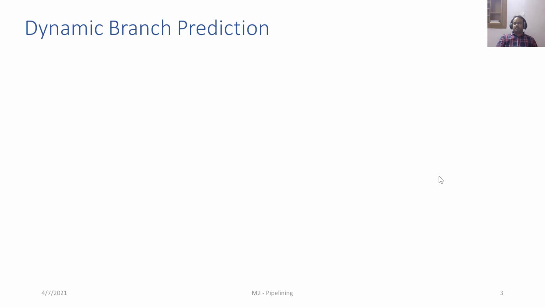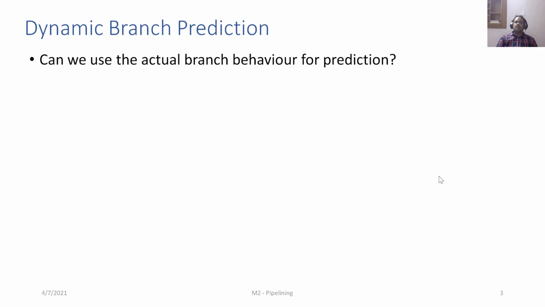Let's dive deeper. Dynamic branch prediction, as the name says, we are going to make a prediction based on the dynamic behavior of branch. What we mean by dynamic behavior of branch is, when the program is executing, when the particular branch is getting executed, can we use the particular branch's behavior, how it behaved in the previous instances, and make some guess on what would happen at this instance.